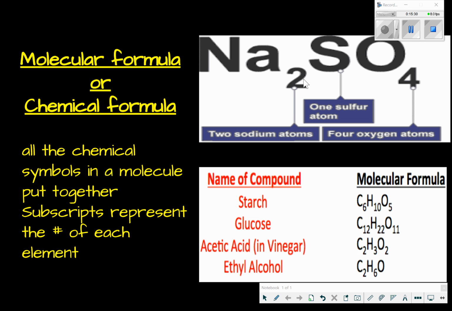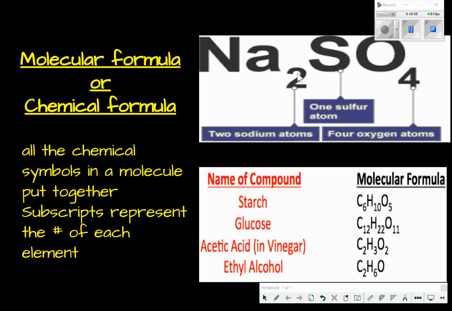The subscript, which is this little number right here, represents the number of each element. So Na means sodium. This says that there are 2 sodium atoms. You see a capital letter here, that's sulfur. There's no number here, that means there's 1 sulfur. O means oxygen. This subscript says that it has 4 oxygens.